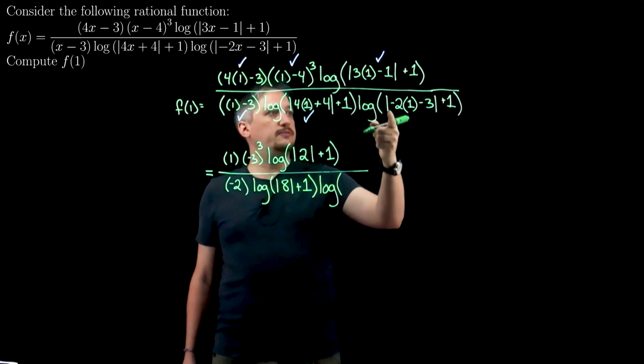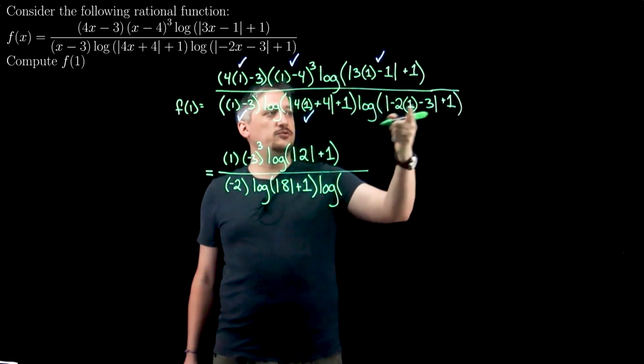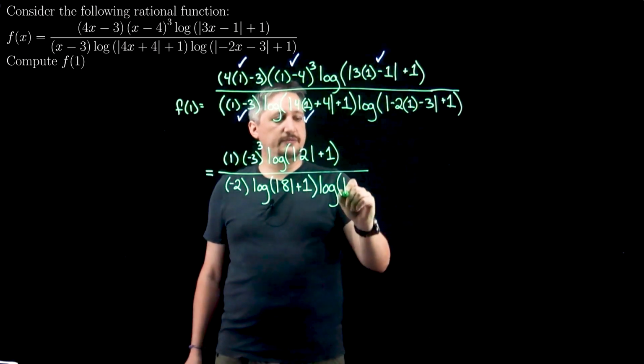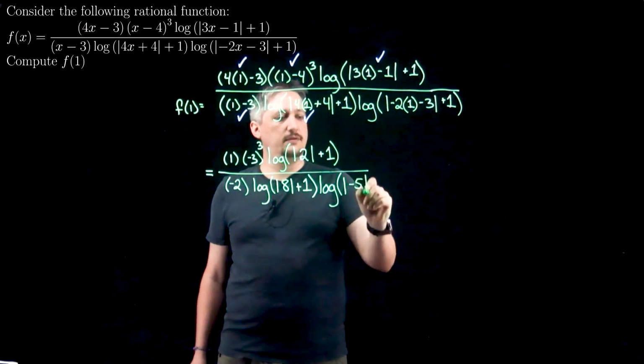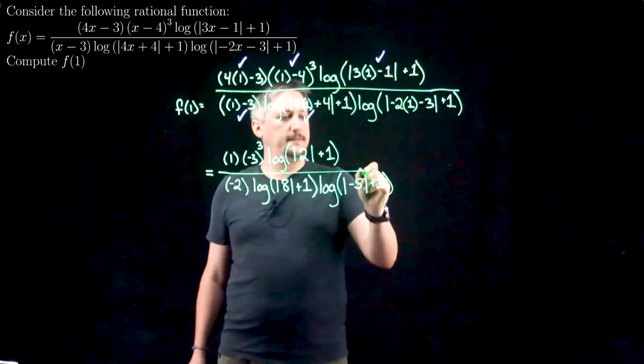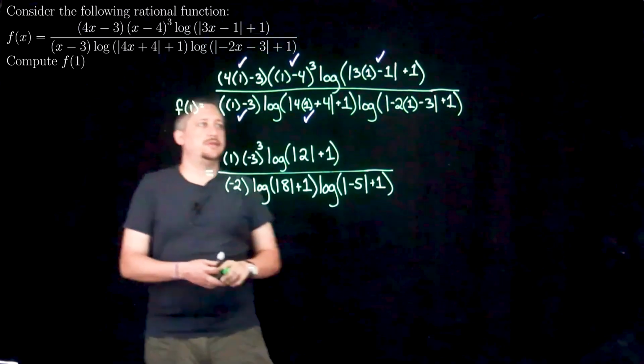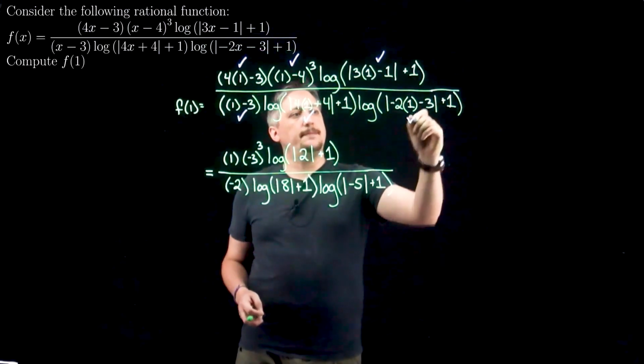open paren, so absolute value. So negative 2 times 1 is negative 2, minus 3 is absolute value minus 5, plus 1, close paren. That longer if I need to. Okay, and that was that term.